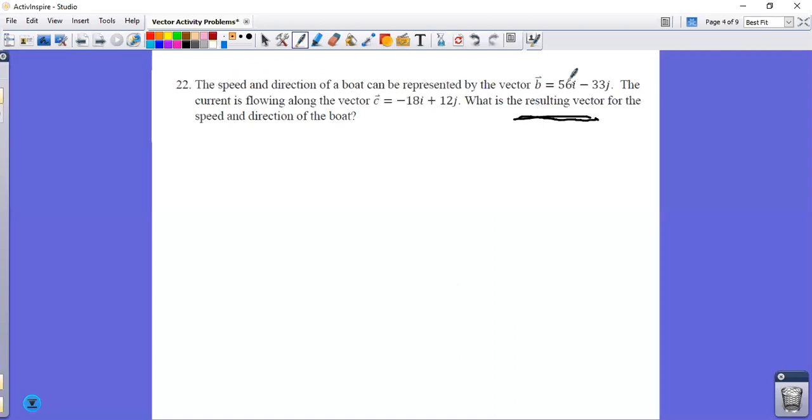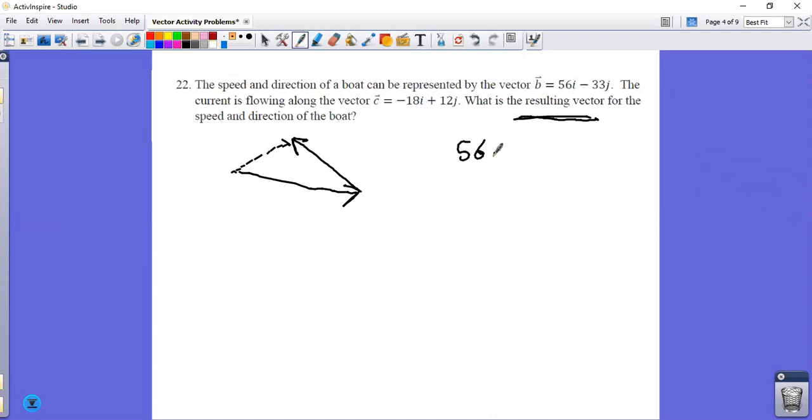So the speed and direction of a boat, there's the boat. So you have this boat that's going this direction. You have a current of -18, +12. So you got the current that's actually pushing it this direction. And so this resulting vector is where the boat is actually going.